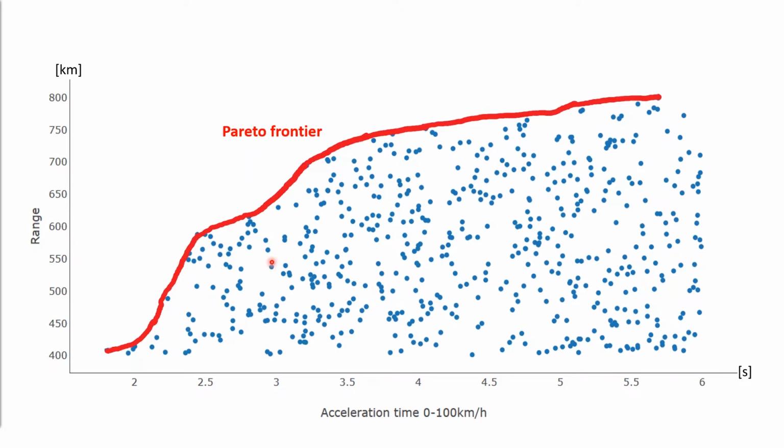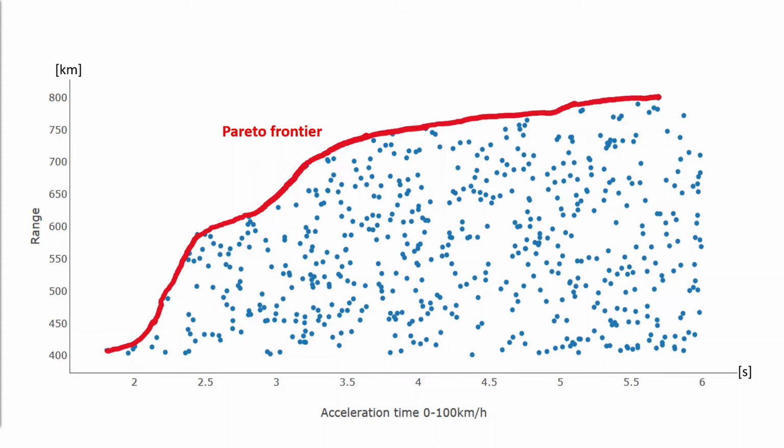On the other hand, I can decrease my acceleration time while keeping the same range for my car, just by changing the input parameters. The goal of NSGA-II is to find, out of a big possible design space, where I can vary all these design parameters in a range, the Pareto optimal solutions for our defined target indicators.